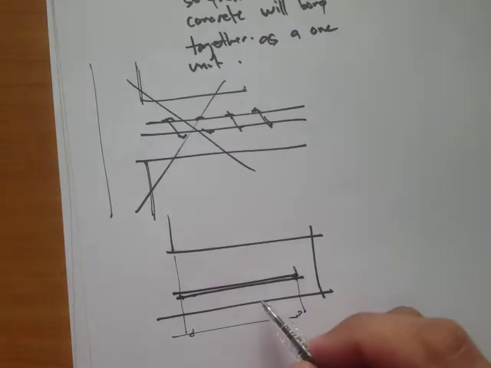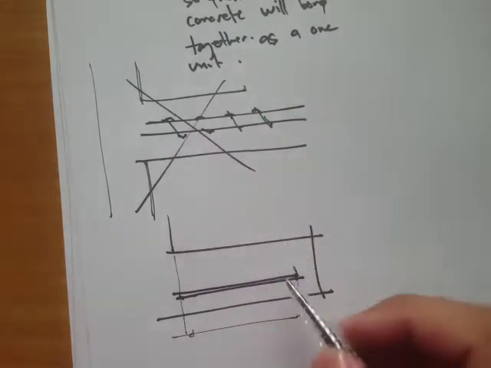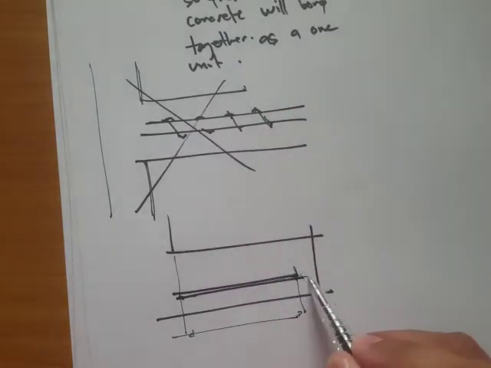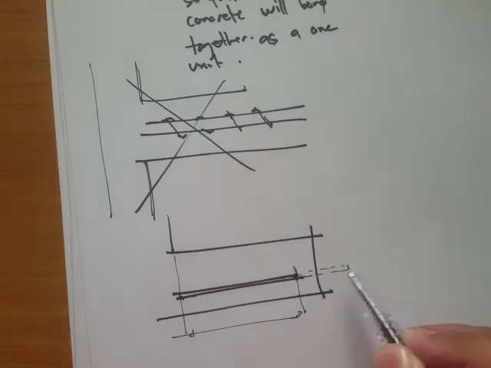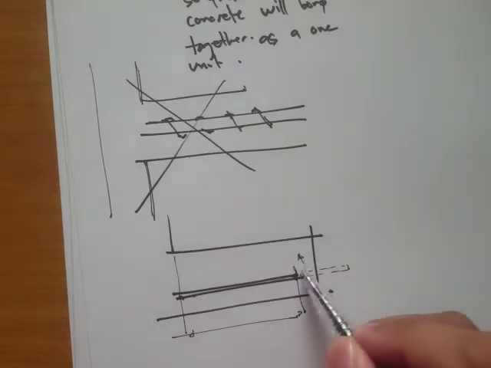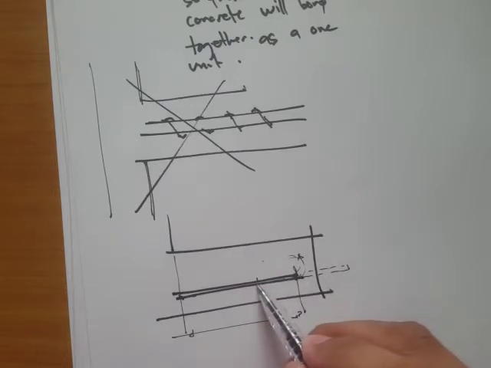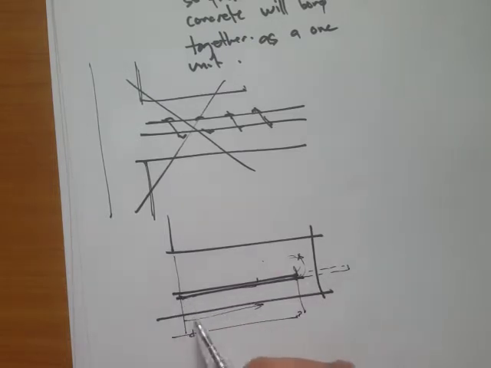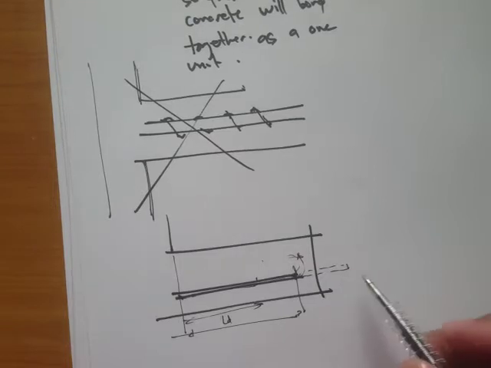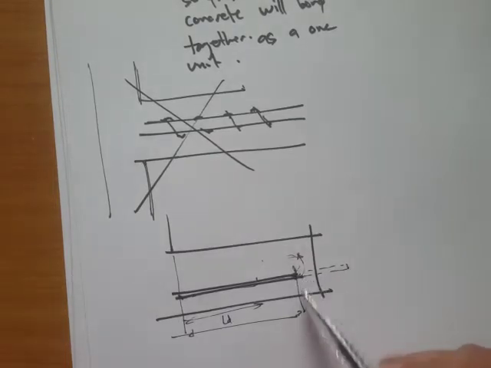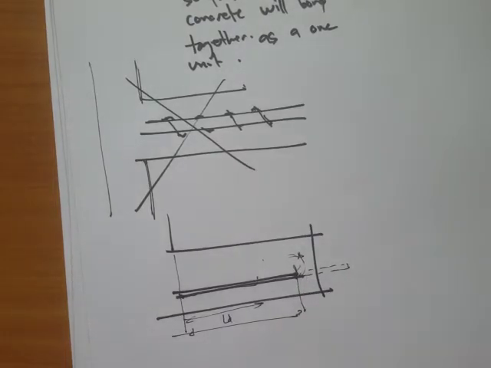If the computed required development length is greater than this, let's say it's up to here, then we have to do a bending here, or a hook. But if the required LD is just up to here, then this one is enough.